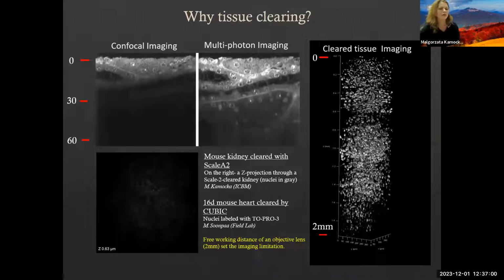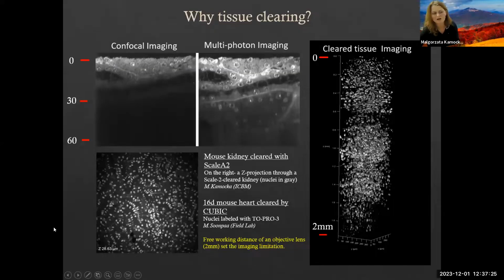So you may be right, but unfortunately, confocal imaging doesn't penetrate through depth very well, so we can probably image up to 30 microns. Two-photon microscopy, which can image a little deeper, probably for the kidney, which is presented here, can go up to 60 microns. But if we do optical clearing, we can go much deeper.